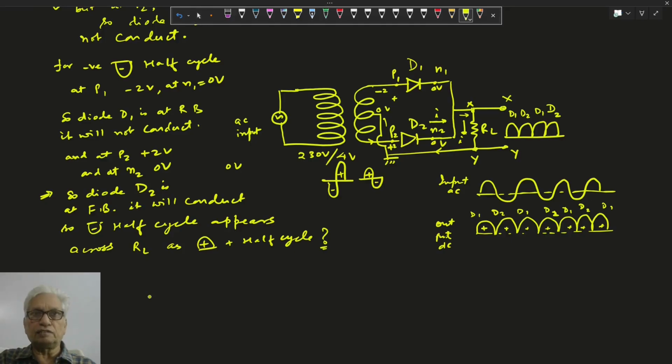Say for diode D2 forward biased, it will conduct. So the negative half cycle appears across the load resistance as a positive half cycle. Why?